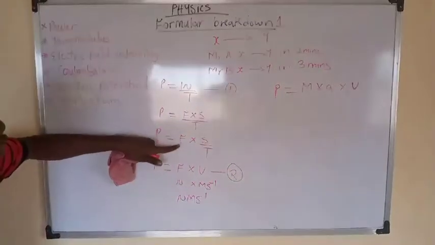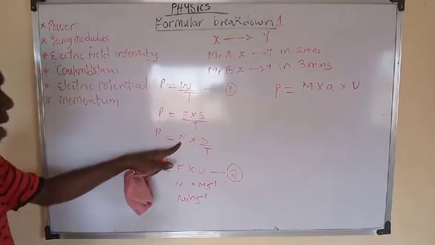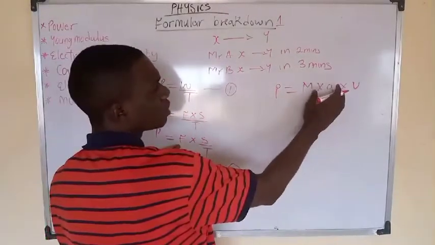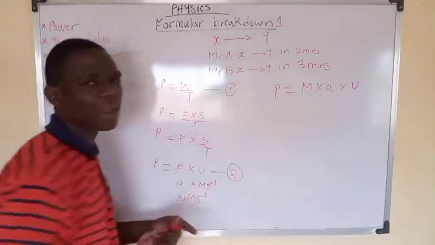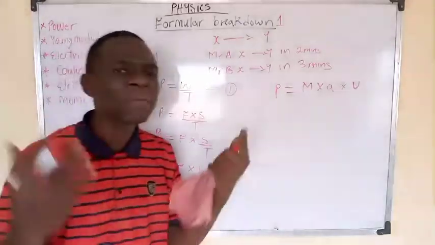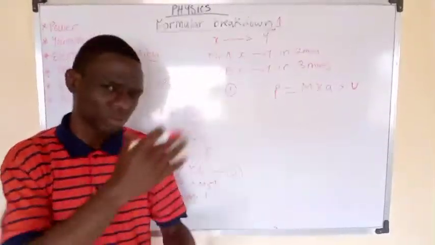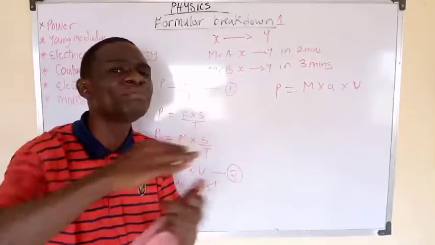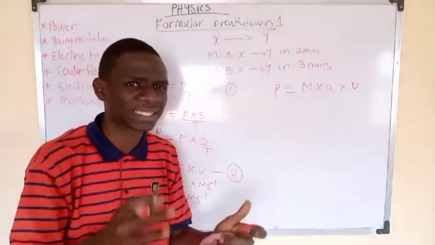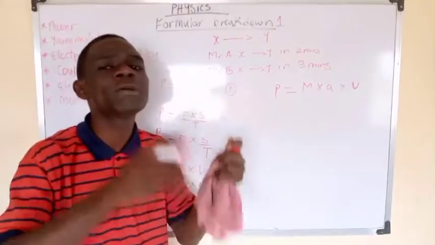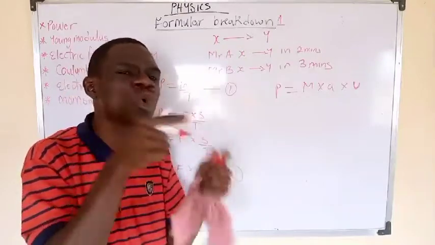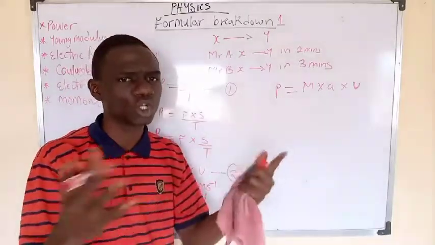Even from here, you could replace force with mass times acceleration. I'm trying to explain this because JAMB is a very funny exam. They like tricking questions, so I'm trying to make sure I break the formula into all the parts, so that even though they trick you, you'll be able to discern exactly which formula to use.